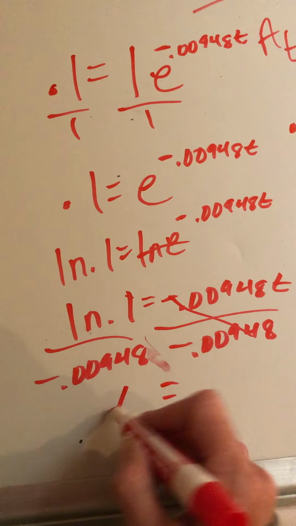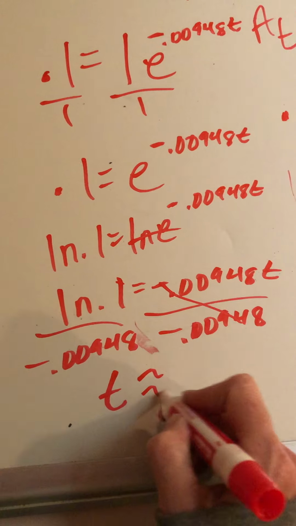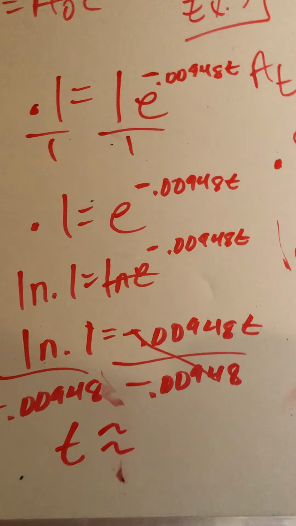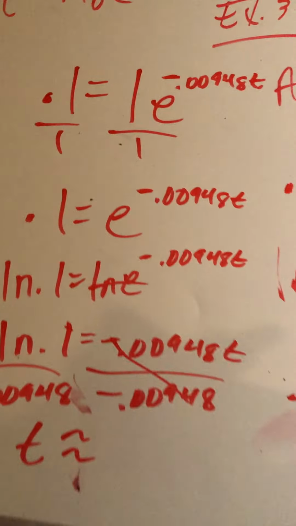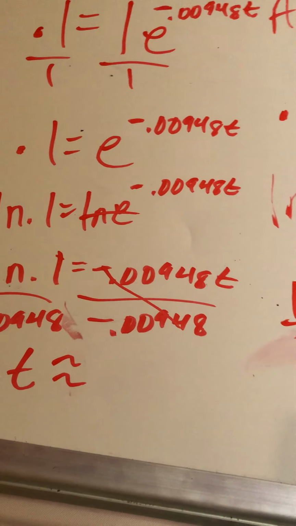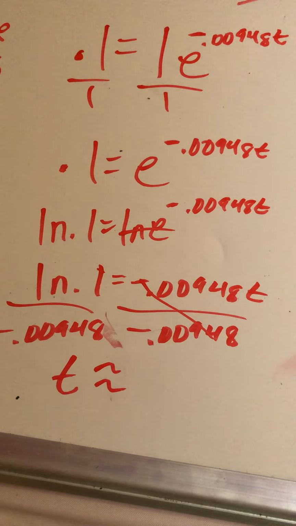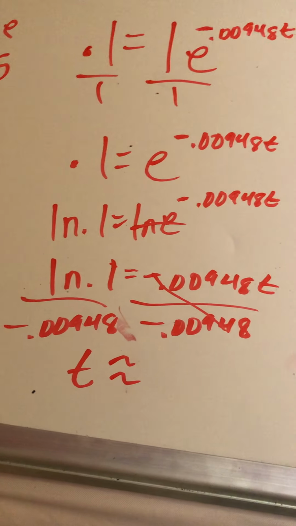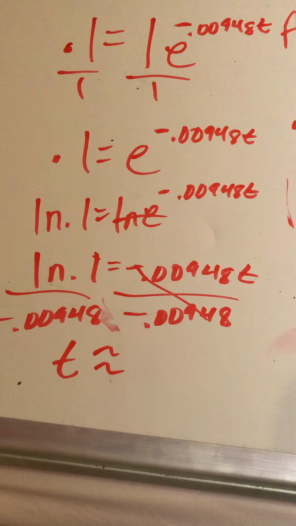And then you're going to round to whatever you're asked to round to, which on this, in the book it rounds to the nearest tenth, so unless it specifies, you probably ought to give 2 decimal places. So natural log of 0.1, close parentheses, divided by negative 0.00948.